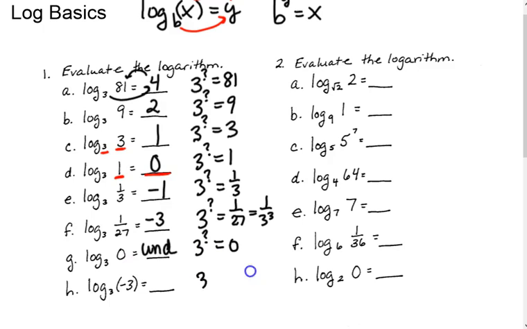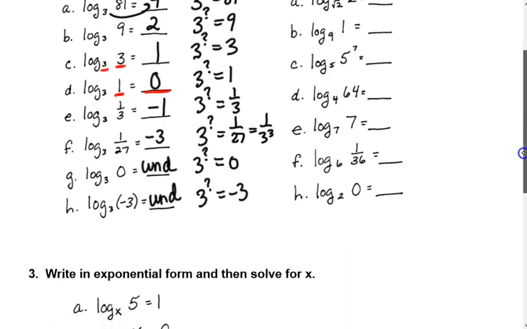The next one is 3 to what power gives me -3? Once again, there's no way to raise 3 to any real number power and get a -3. It turns out this is an imaginary number, but for right now we're just going to consider it undefined in the real number system.